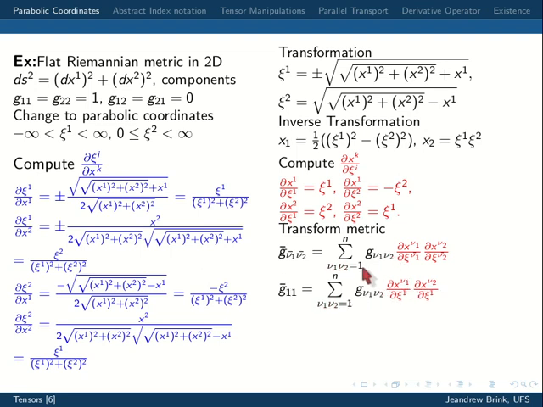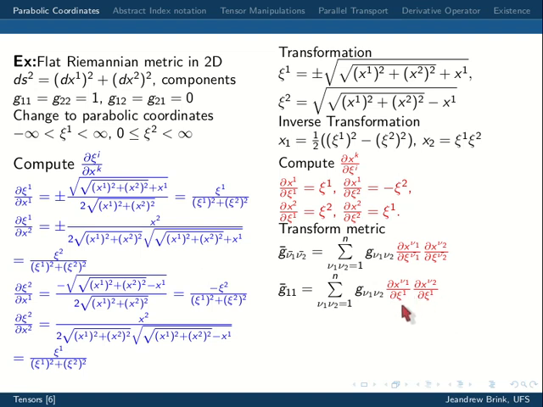So let's just see what that means. It basically means that G bar 1, 1 is summing over G mu1, mu2, but the 1, 1 comes in here at the bottom. So it's taking the derivatives with respect to the first transformed coordinate.